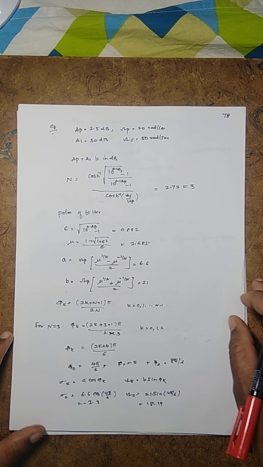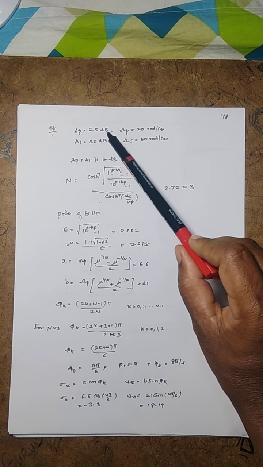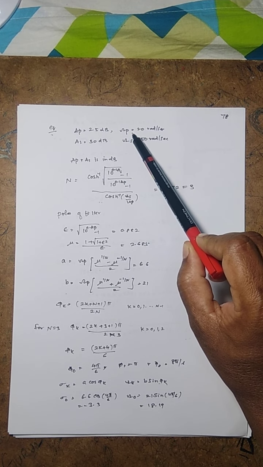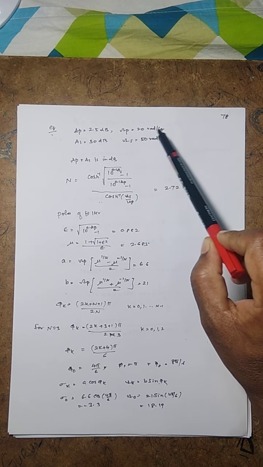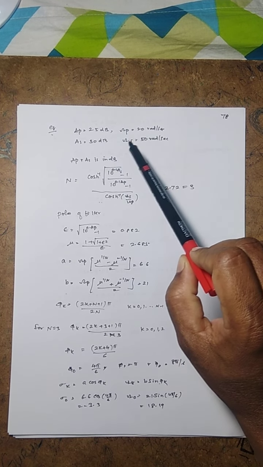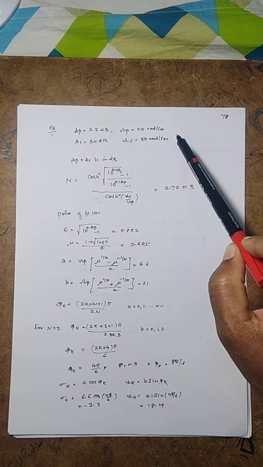Next, we'll take an example on the Chebyshev filter. Given specifications are passband attenuation is 2.5 dB, passband frequency is 20 radians per second, stopband attenuation is 30 dB, and stopband frequency is 50 radians per second.